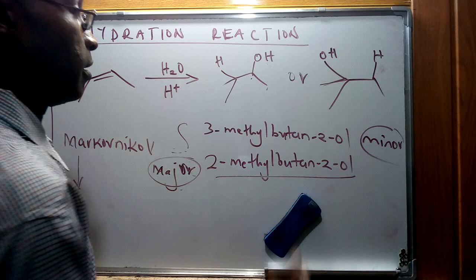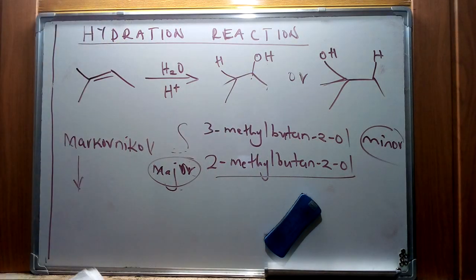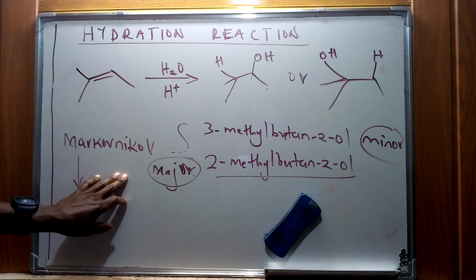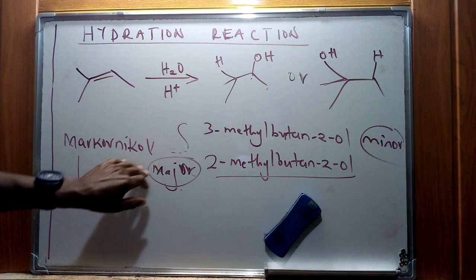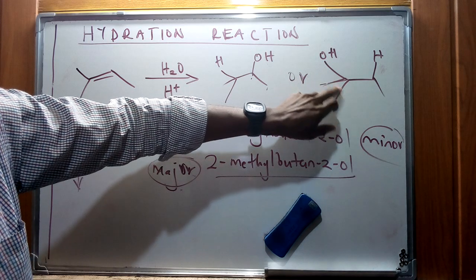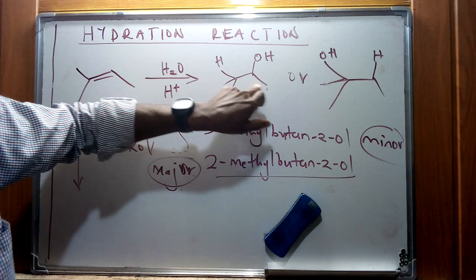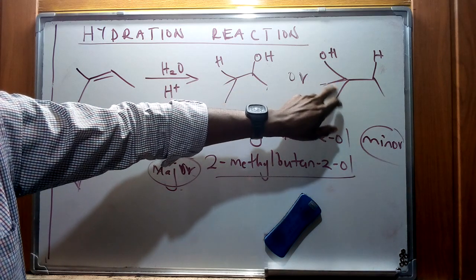If we try to see this specific point, we can say that from the second argument of Markovnikov's rule, we are going to have the OH group attached to the carbon with more alkyl substituents, as compared to this one which has one alkyl substituent, while this one has two alkyl substituents.